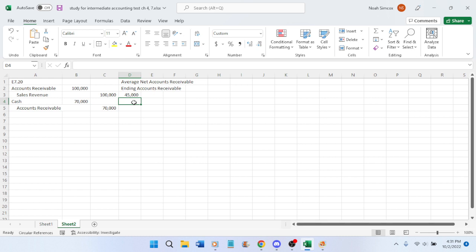So now average net accounts receivable is going to equal, now we will try the fraction thing, but it probably won't work. See, look. Hey, look, it worked. That actually worked.